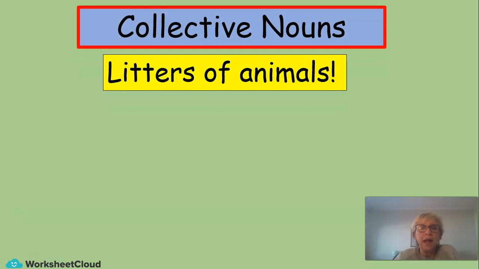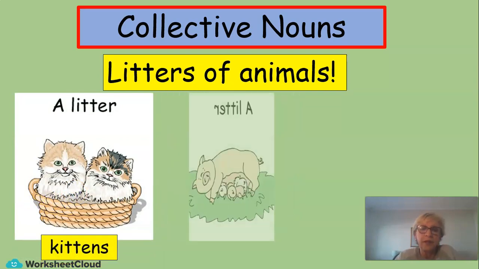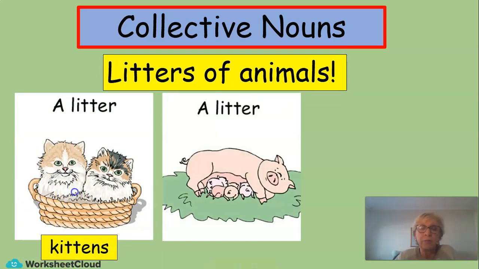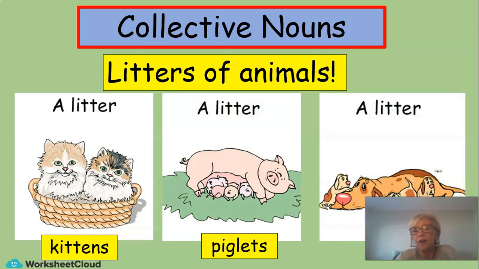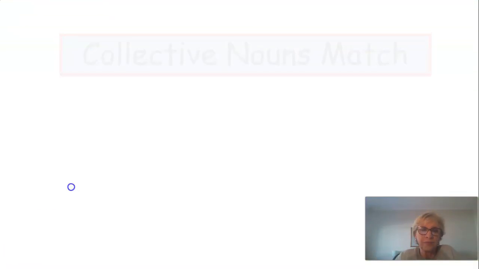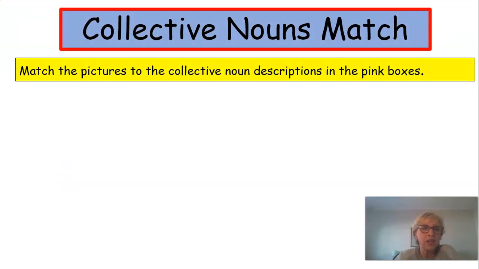And there we have our litters of animals as well, such as a litter of kittens, a litter of piglets, and a litter of puppies. We're going to do a collective nouns match now, and we're going to match the pictures to the collective noun descriptions in the pink boxes.